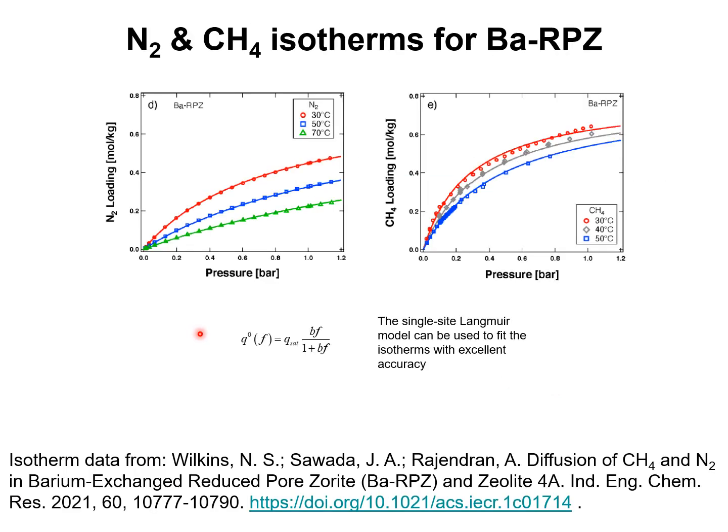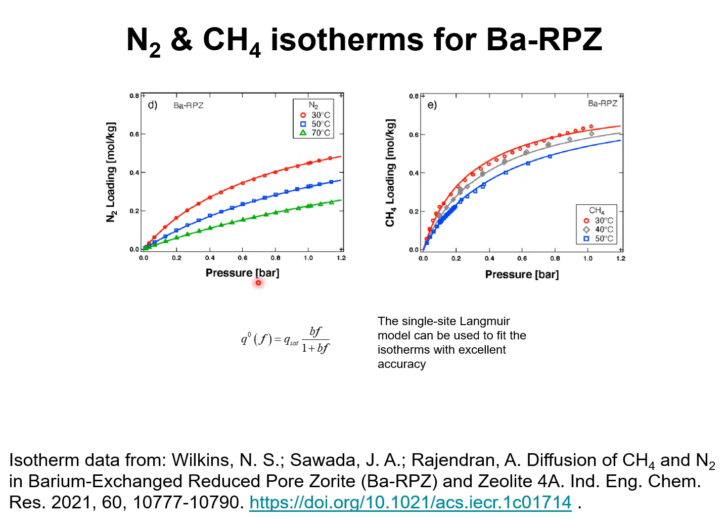Let us start by examining the experimental data for the unary isotherms for nitrogen and methane in BaRPZ. That stands for barium exchanged reduced pore zeolite. The data is from the paper by Wilkins, published in Industrial Engineering Chemistry Research in 2021.